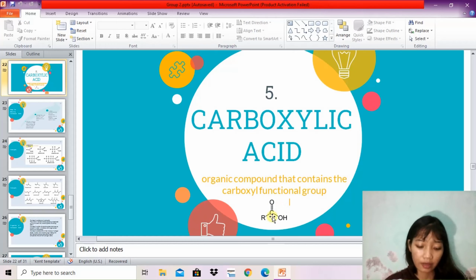The carboxyl group has the formula COOH, usually written as COOH or CO2H. Carboxylic acids are a class of molecules characterized by the presence of one carboxyl group.